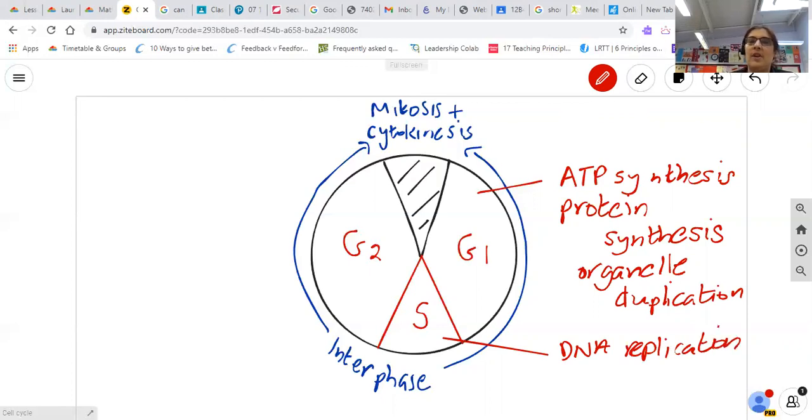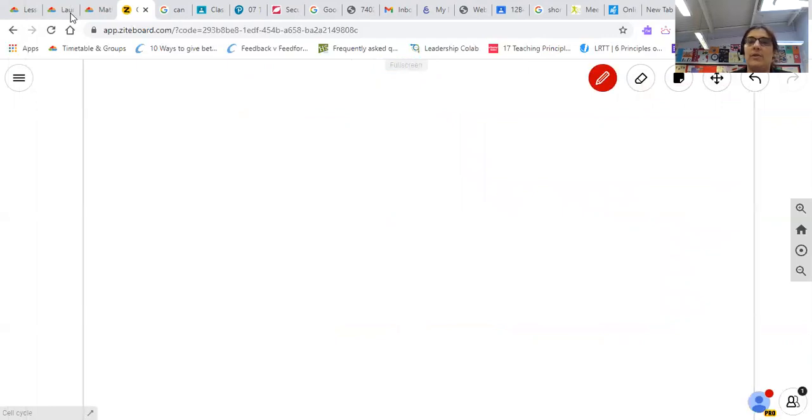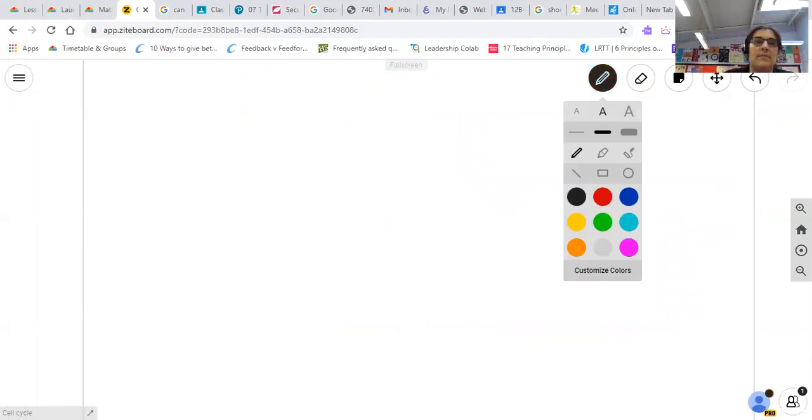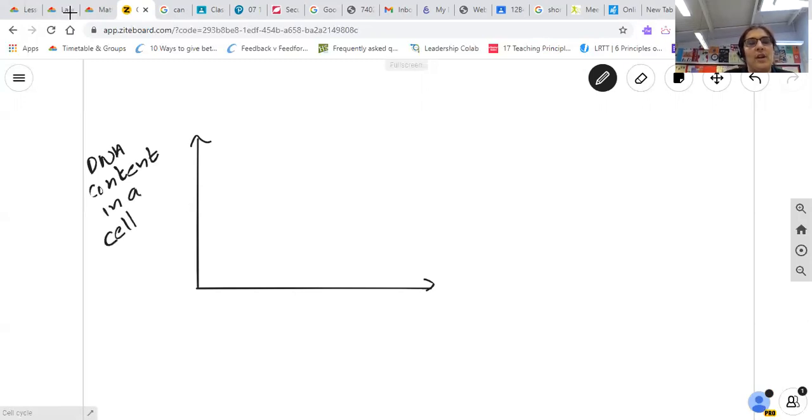So if we then have a look at an actual graph, on this graph we will plot two axes. Obviously, our y-axis will be DNA content in a cell, or it could be in a nucleus.